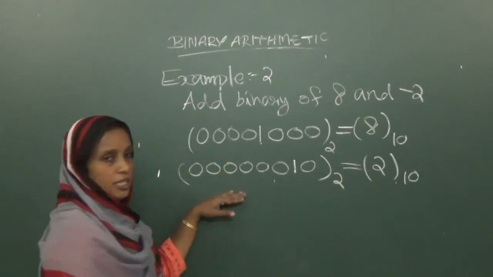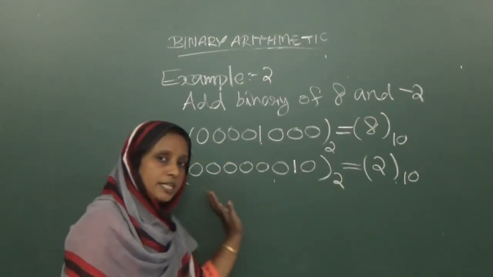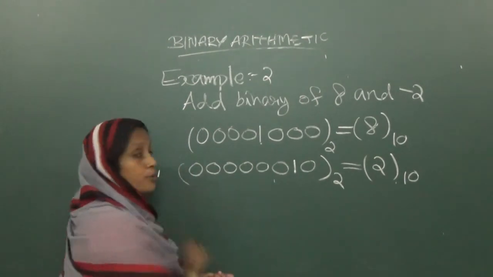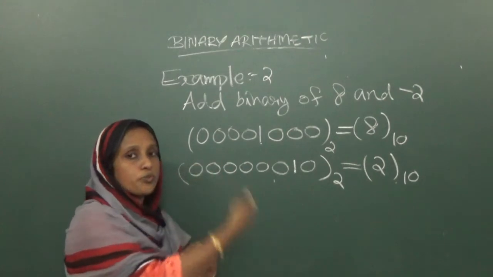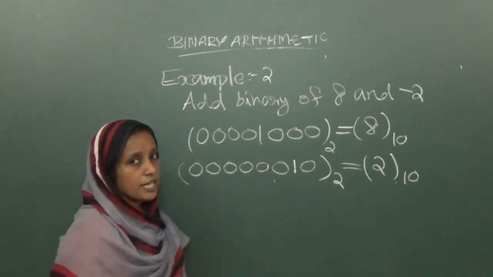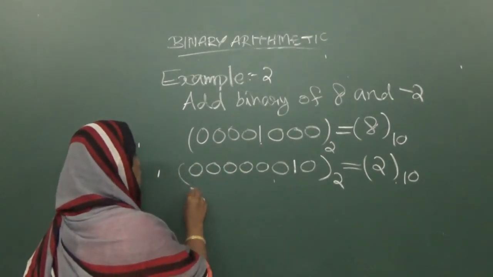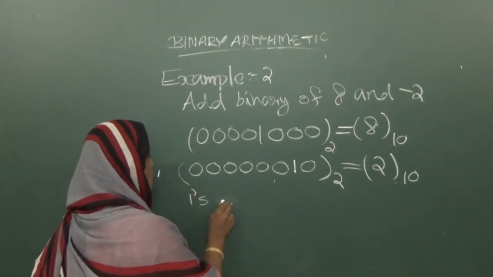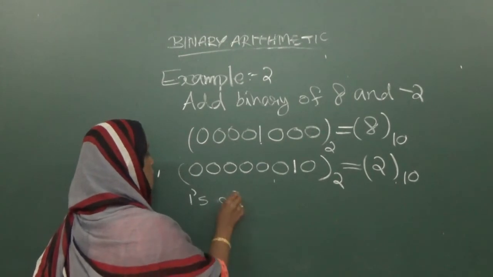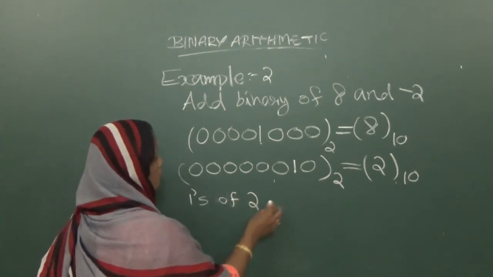First we write 2 here, then we want to take its 1's complement. How to take 1's complement? By converting all zeros to 1 and 1's to 0, we get 1's complement. So 1's complement of 2.